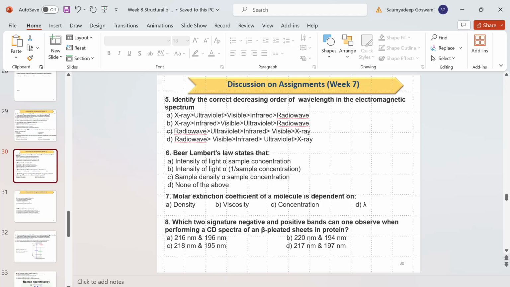There is a range, right? Between that range, the alpha helix and beta sheet values come. Of the four options given, you are saying both are partially correct because of what sir has written in the slides.